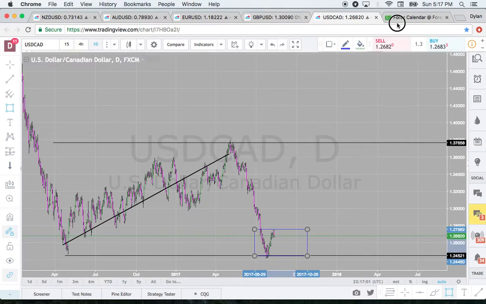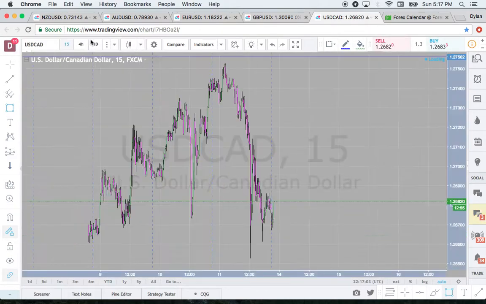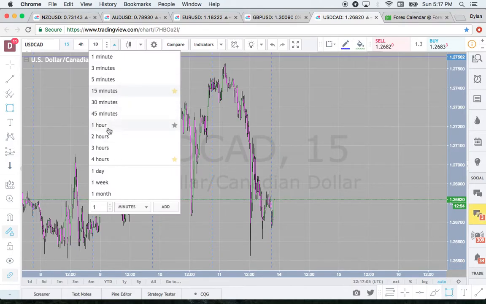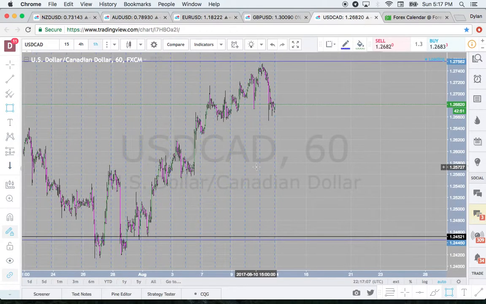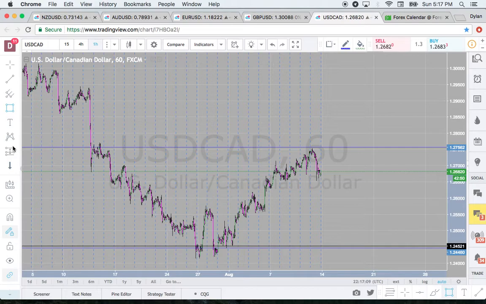Now let's look at the 15-minute chart. We can see that zone is actually somewhat large, about 300 pips.